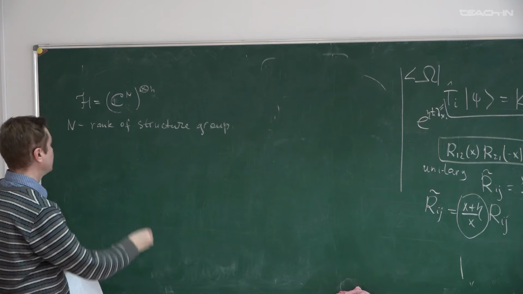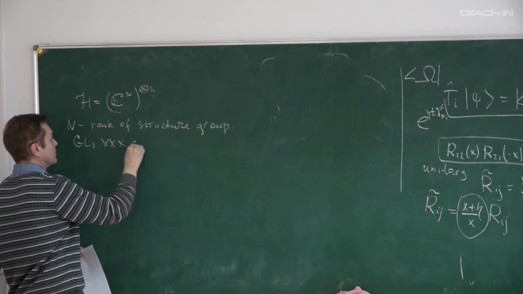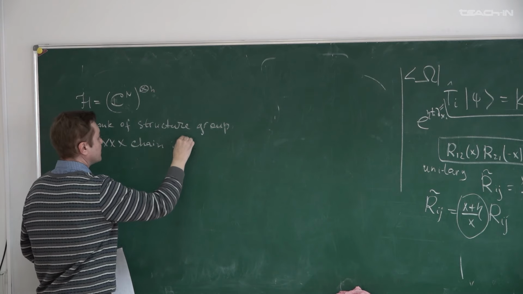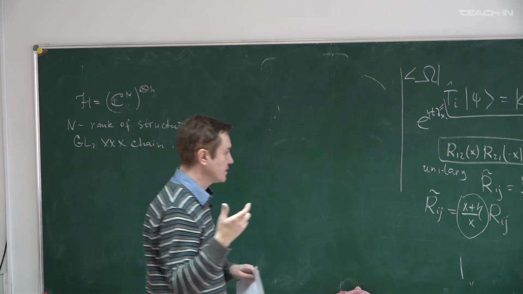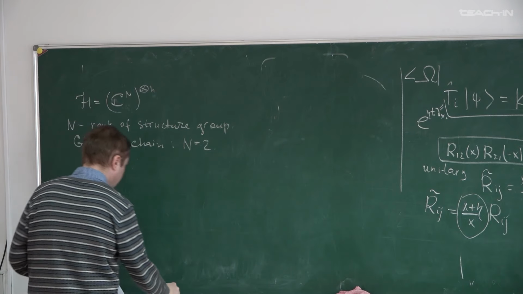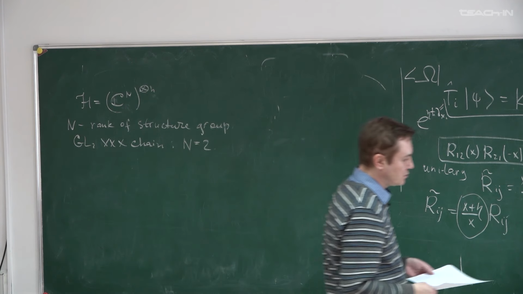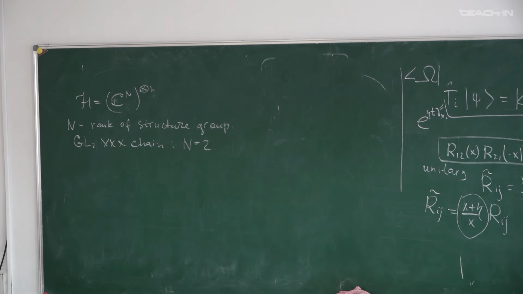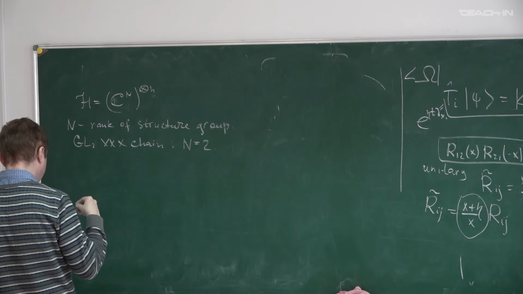For example, we may look at the GL2 spin chain. That means that n is equal to 2, and then we have just spins up and down. And as you, I hope, remember, in order to use the Bethe-Ansatz method, we should fix some sector in this Hilbert space and fix the number of spins up and down.